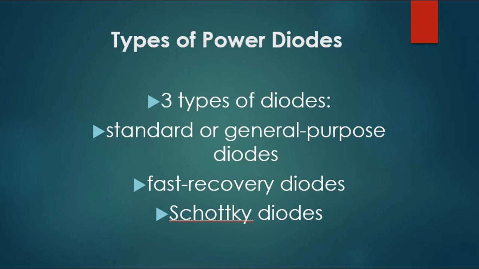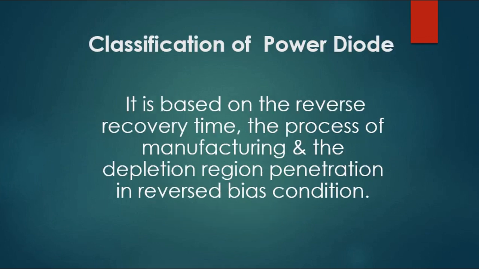So, types of power diodes: I said three types for now that I know. Number one is the standard or general purpose diode. The second is the fast recovery diode, and the third is the Schottky diode. All of these are based on what I just said: the reverse recovery time, the process of manufacturing, and the depletion region penetration in reverse bias condition.